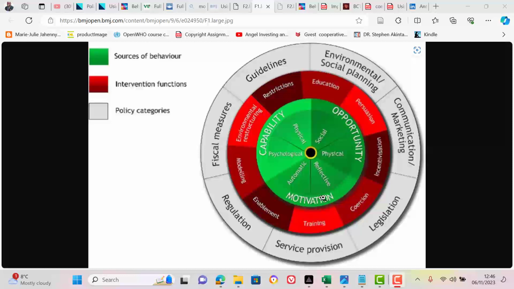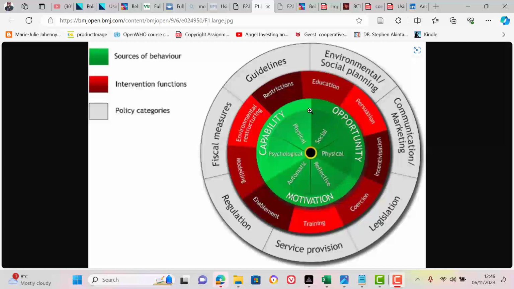Now, for the motivation area, for you to change motivation, you can intervene by either enabling the person, providing various forms of enablement, or providing training or coercion. So this red area are the various interventions that you can use. And then the outer part of the wheel is the relevant policies in place that you can use.